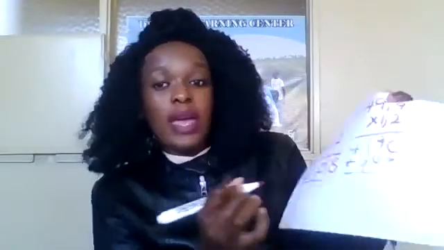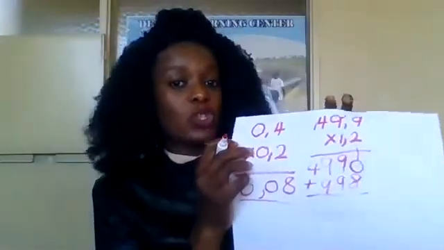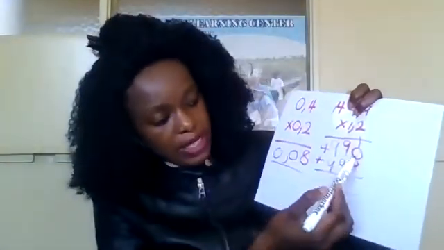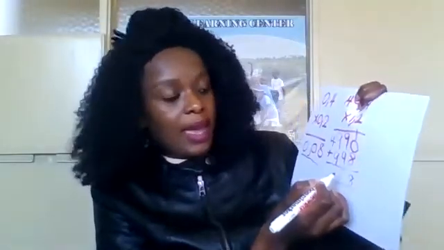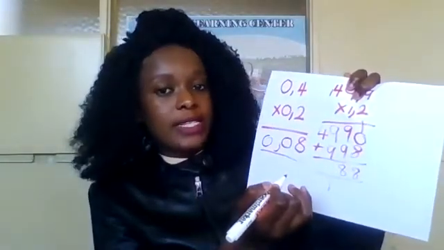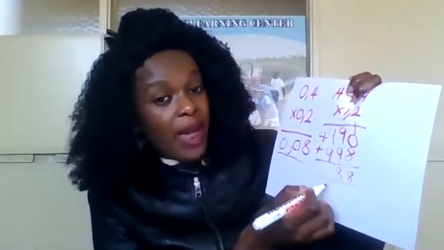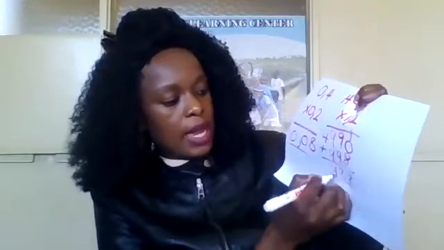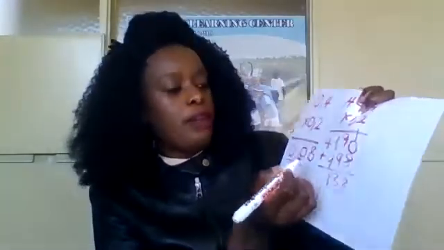Then we add. As we are adding, we treat it as if there is no comma. So we are adding there. We say 0 plus 8, it's an 8 there. 9 plus 9, 18. 8, carry 1. 9 plus 9, 18 plus 1, 19. 9, carry 1. 4 plus 1, 5.